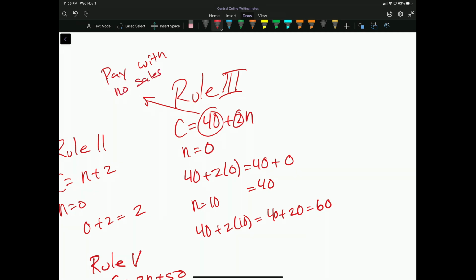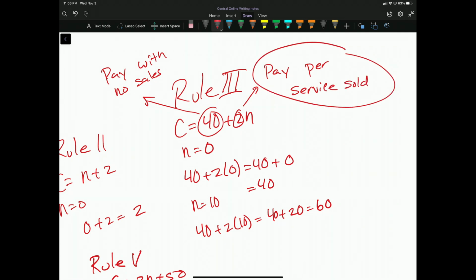And the 2 tells us our pay per service sold. So these are the types of things you need to tell me if you see a question like this on the quiz. Okay, we got one more problem we're going to do today.